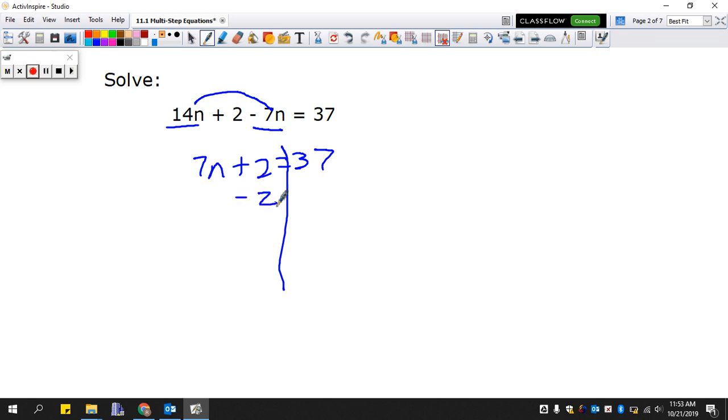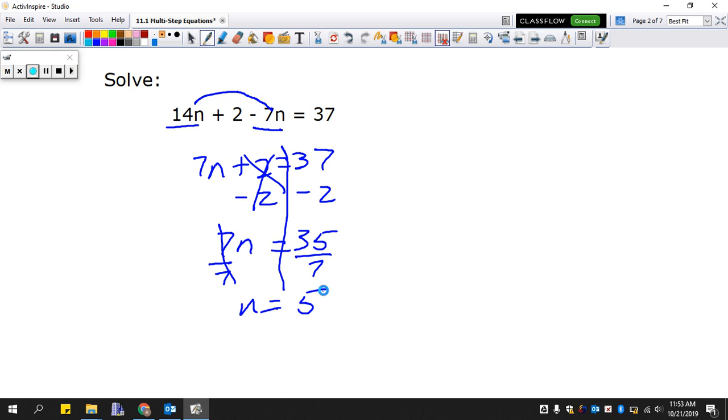So use inverse operations: the inverse of adding 2 is subtracting 2. So you subtract 2 from both sides. The 2's cancel out. You're left with 7n is equal to 35. And this is multiplying. 7n is 7 times n. So the inverse of multiplying is dividing. So you divide by 7. And n is equal to 5.